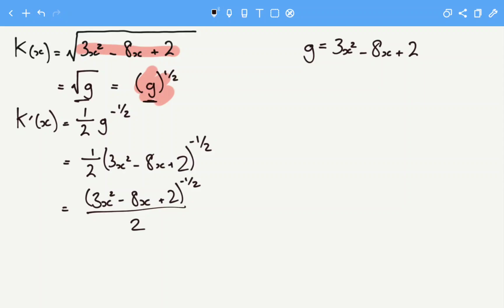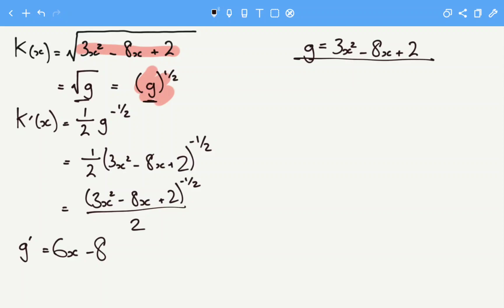And so we've differentiated the first part, so we're now going to differentiate g. And remember, g is just this here. The differentiation of g is 6x minus 8. Just a bit of nice, easy, simple differentiation there.